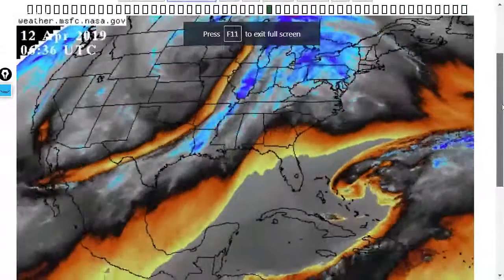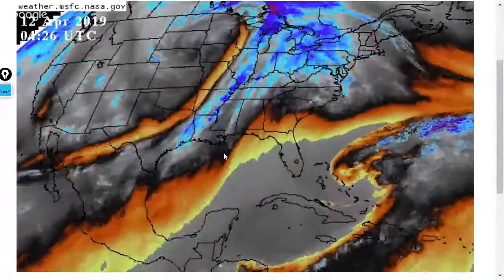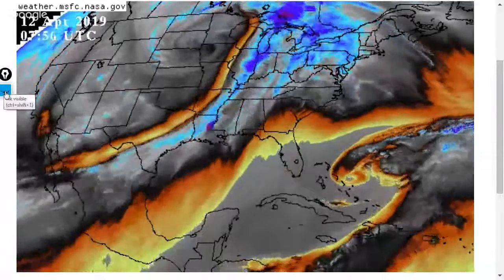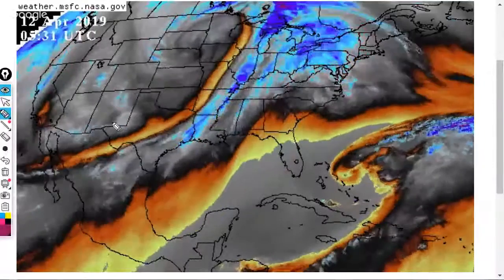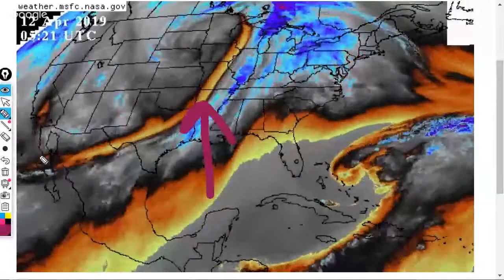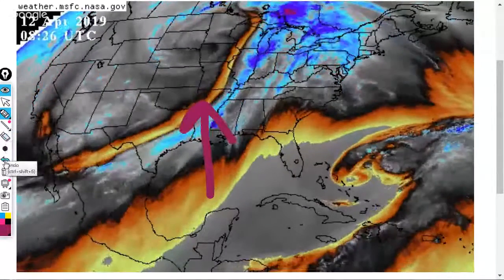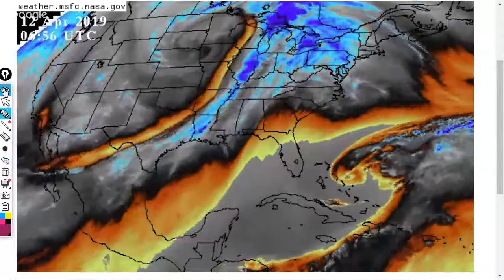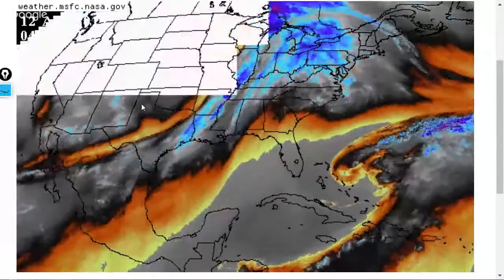Anyway, there's your U.S. water vapor map, complete with a spaceship flying in front of the satellite. You can see the spaceship right here. I'm not sure if it's one of those Borg cubes or perhaps it's from a different fictional thing.